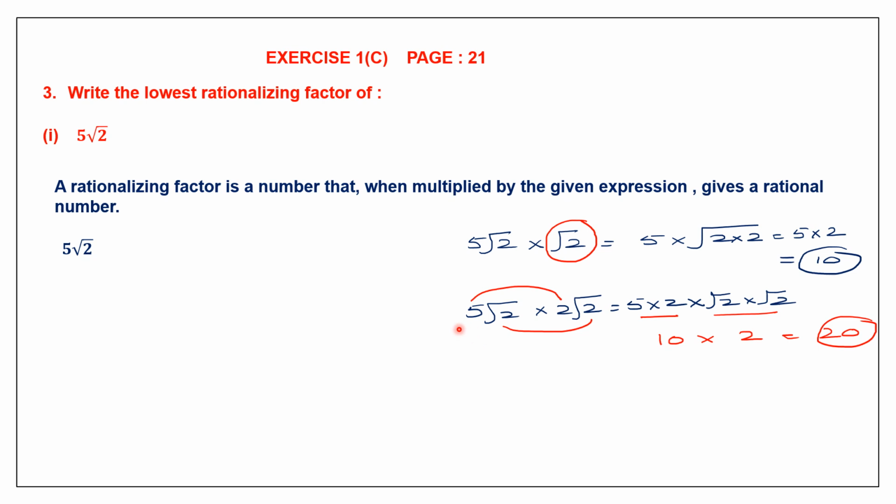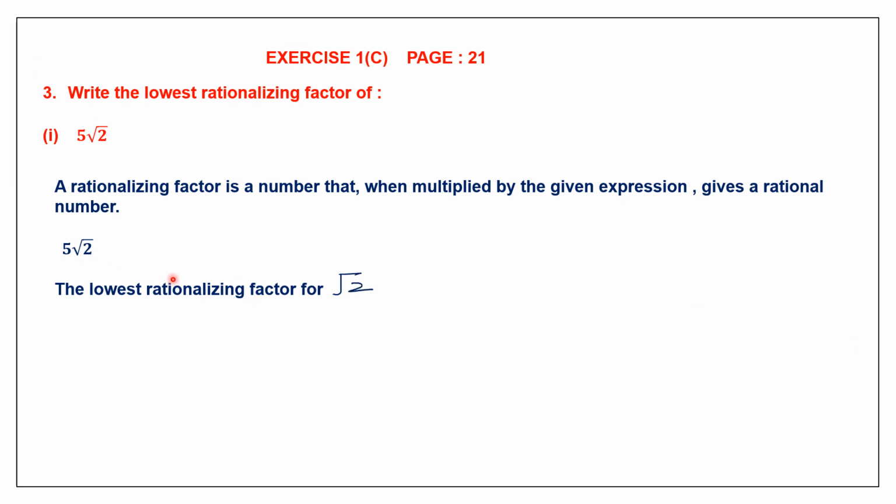But look at the question. It says write the lowest rationalizing factor of 5 root 2. The lowest rationalizing factor of 5 root 2 will be root 2 itself. Why are we taking root 2? Because 5 is already a rational number. Now this we have to rationalize.